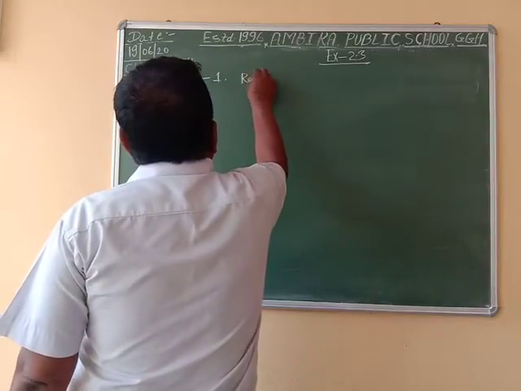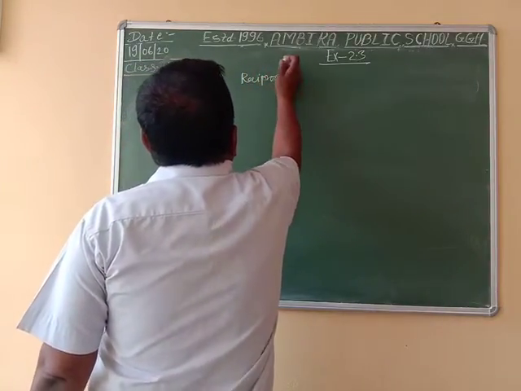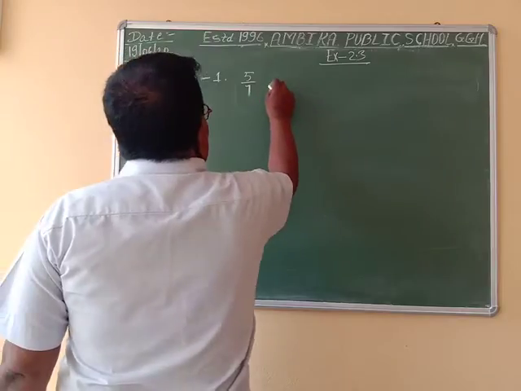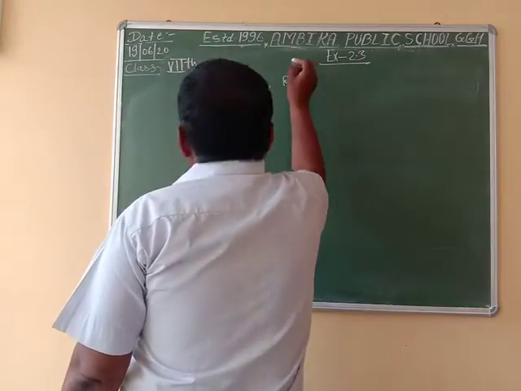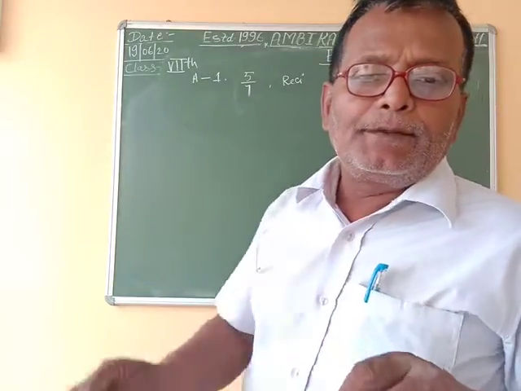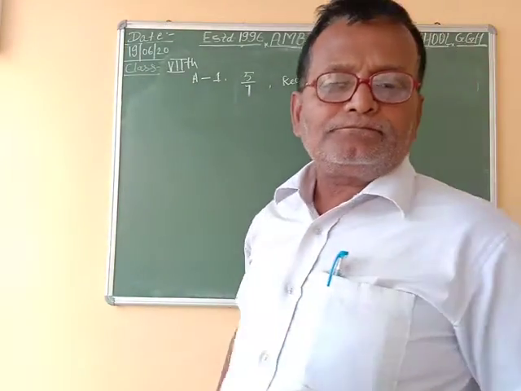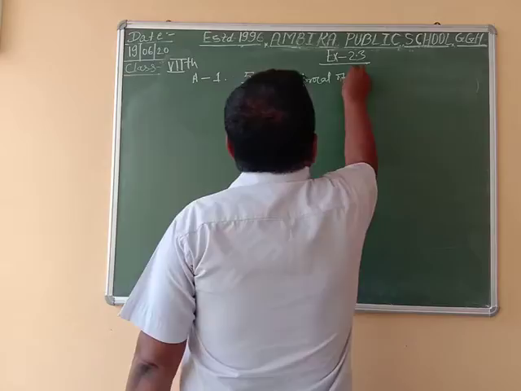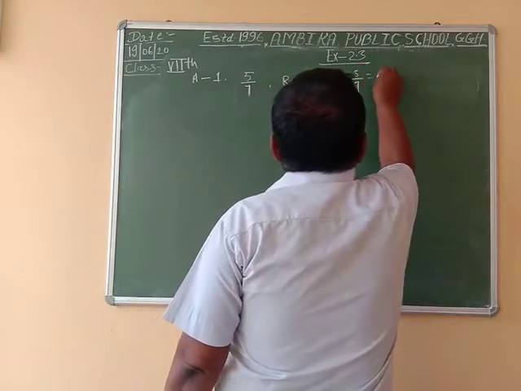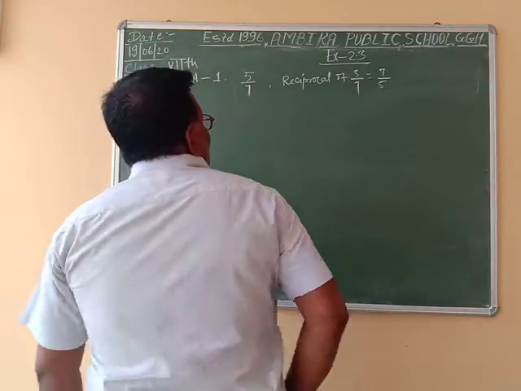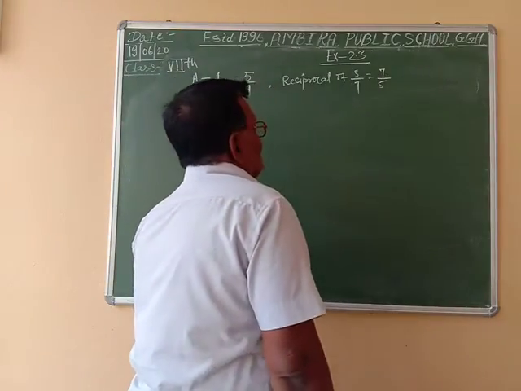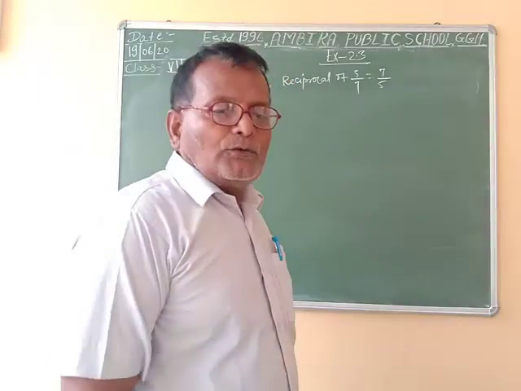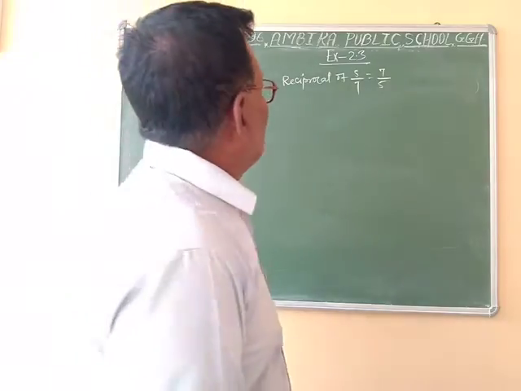Reciprocal of 5 by 7 is equal to 7 by 5. Here in the fraction 7 by 5 we see that the numerator is greater than the denominator, so it is an improper fraction.